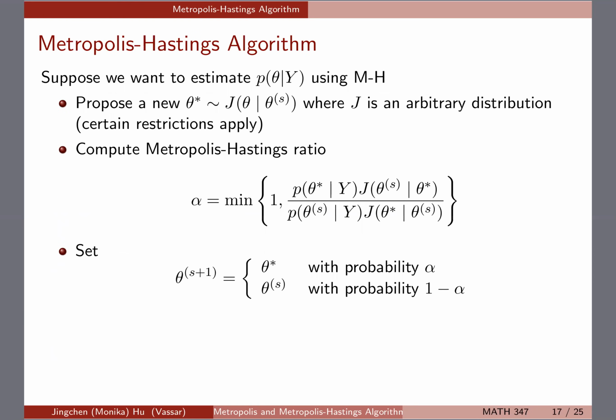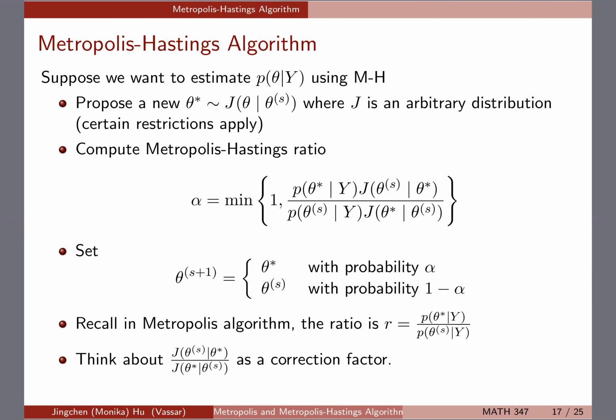So things still work similarly. If you look at the Metropolis-Hastings ratio, what we had before, R, is only the first half of this ratio. This part is the R that we computed for the Metropolis algorithm. Now we also have to consider the jumping, because previously the jumping was symmetric, so the terms cancel out.